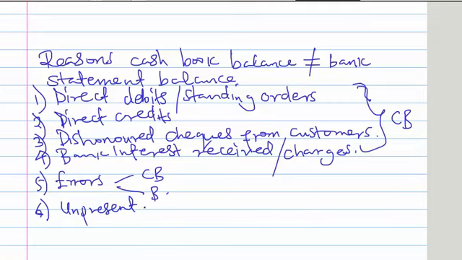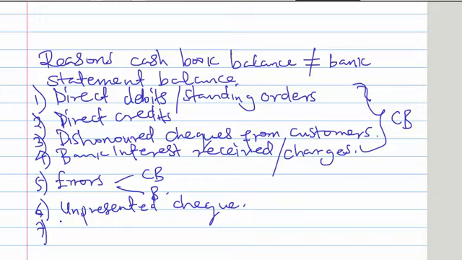So for instance, you issue a check to a client, you issue a check to one of your suppliers, and then they maybe don't send it for clearing as soon as possible, and the period for which you are reconciling has arrived. You may find differences between what you have in your cash book, because you've recorded in your books that the money has gone out, but then the bank statement doesn't have it.